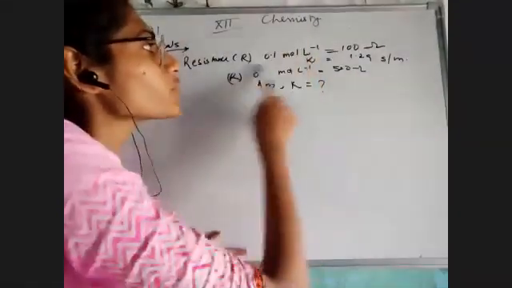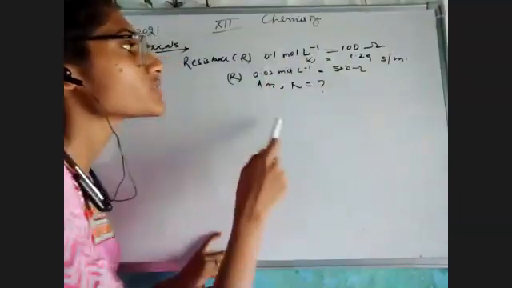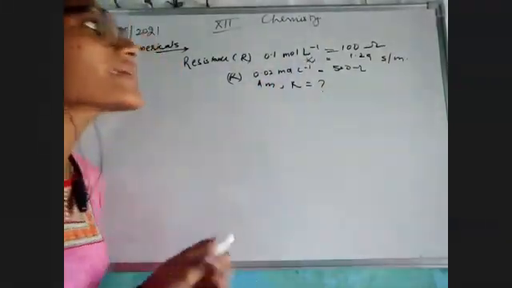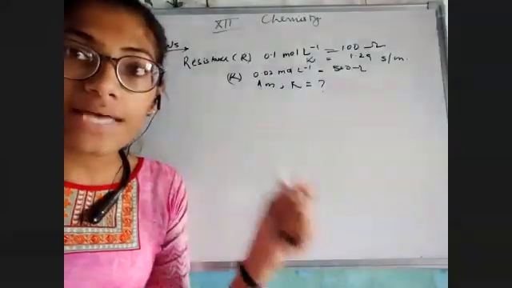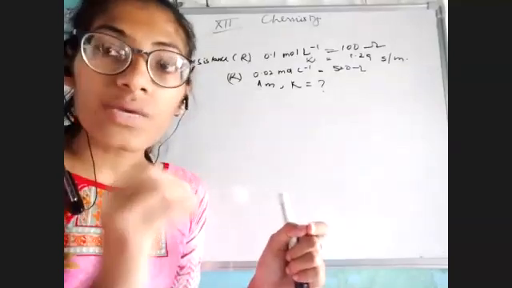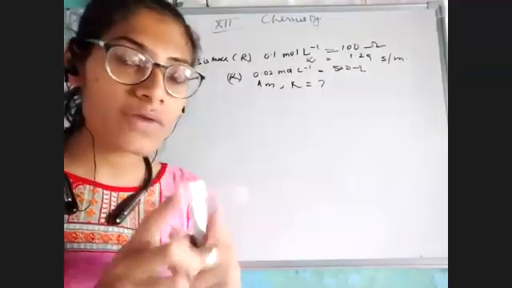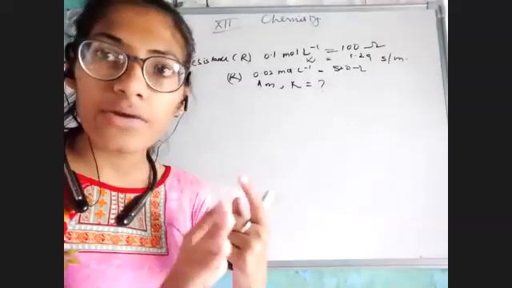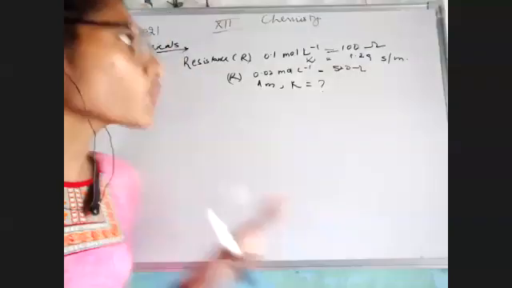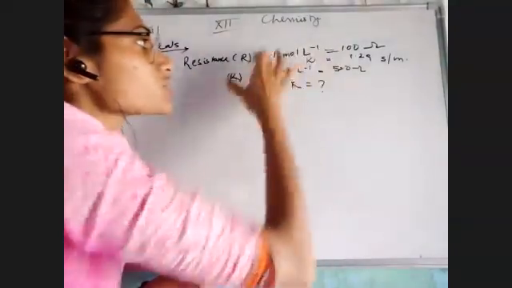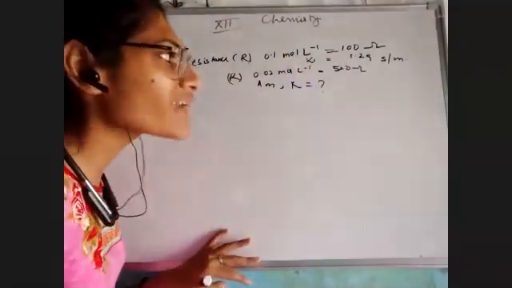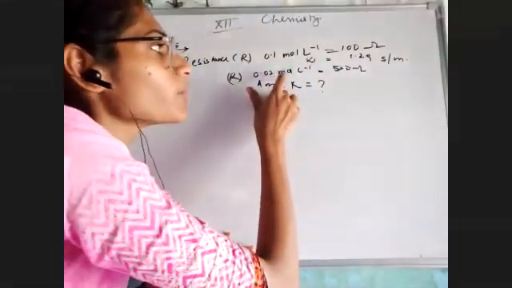First of all, with the help of the 0.1 mole per liter solution, we have been provided with R as well as kappa, resistance as well as conductivity. With the help of this, we can easily calculate the cell constant. The cell constant is fixed in either kind of solution because it does not depend upon the concentration. So if I calculate the cell constant for the 0.1 mole per liter solution, that would also be valid for the 0.02 mole per liter solution.